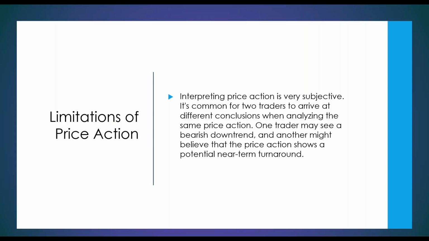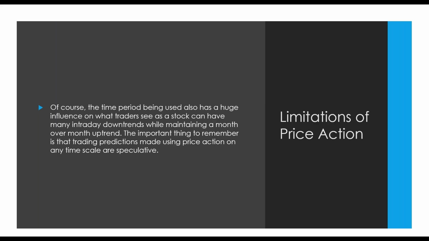Interpreting price action is very subjective. It's common for two traders to arrive at different conclusions when analyzing the same price action. One trader may see a bearish downtrend, and another might believe that price action shows a potential near-term turnaround. Of course, the time period being used also has a huge influence on what traders see, as a stock can have many intraday downtrends while maintaining a month-over-month uptrend.